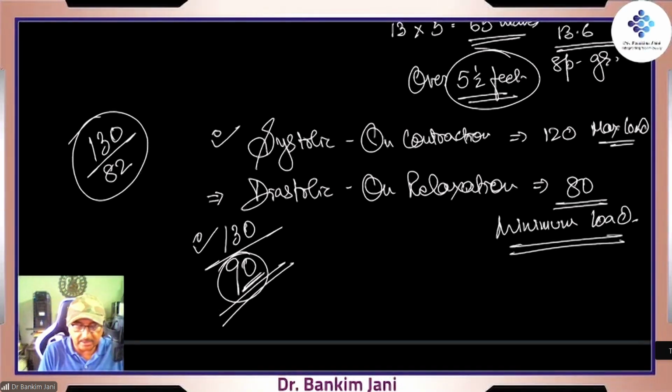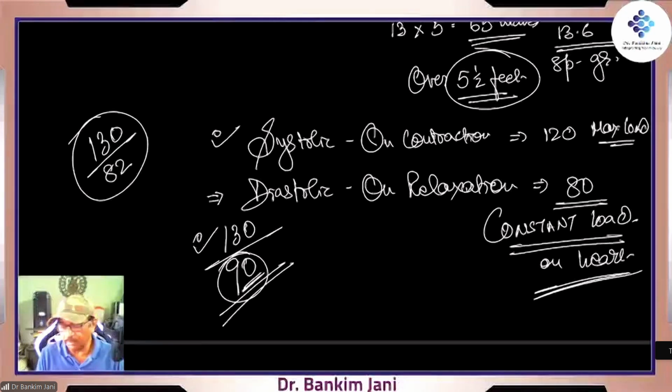Increasing the diastolic pressure means a constant load on the heart. You can say minimum, but more correct would be the constant load on the heart. When we talk about cardiology, this will come in still more detail. All these are normal values; they can increase or decrease as per the individual.